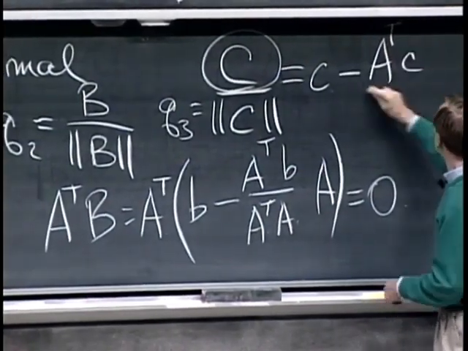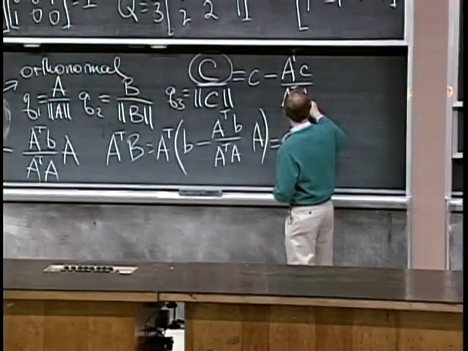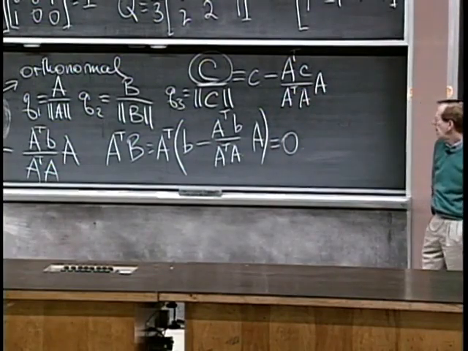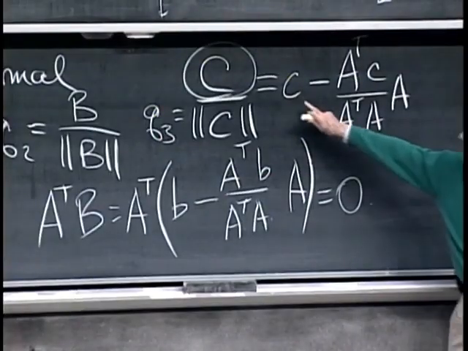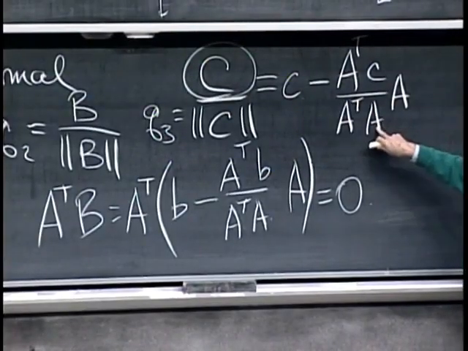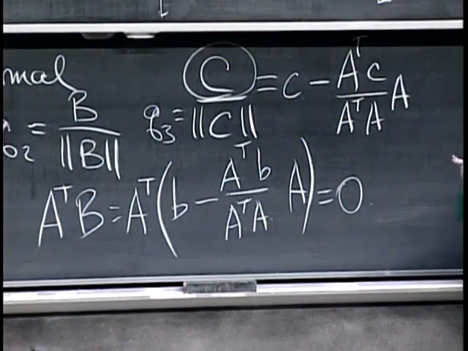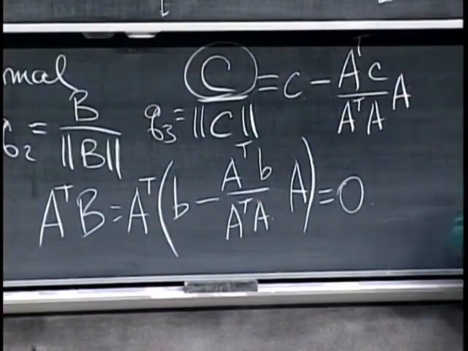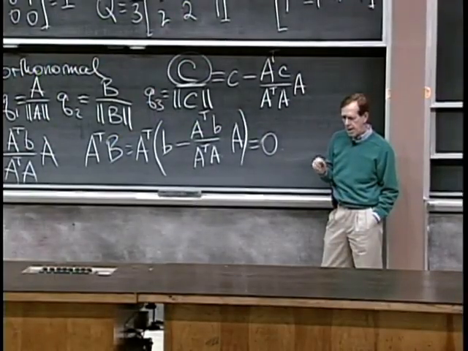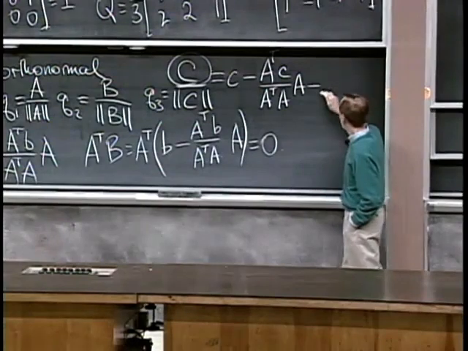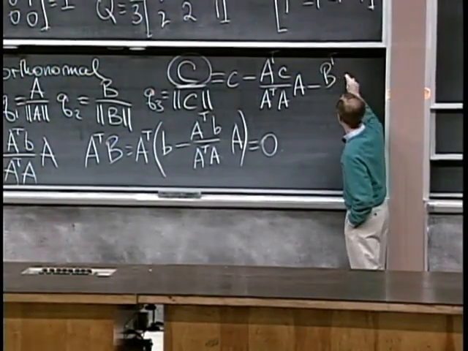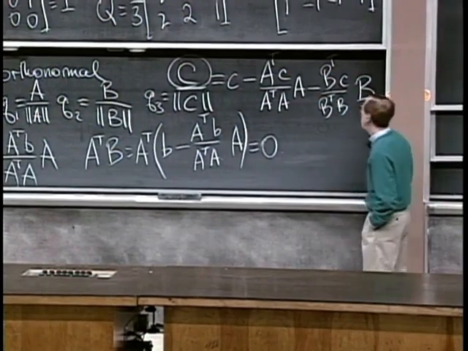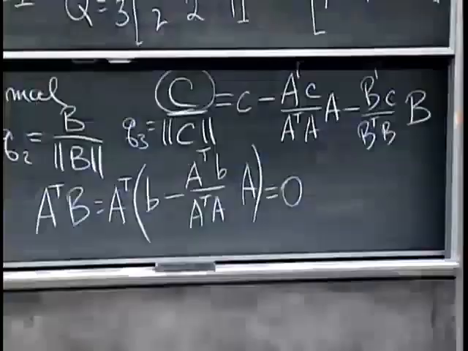What if I do this? What have I done? I've got little c, and what have I subtracted from it? Its component, its projection, if you like, in the A direction. And now I've got to subtract off its component B transpose C over B transpose B. That multiple of B is its component in the B direction.